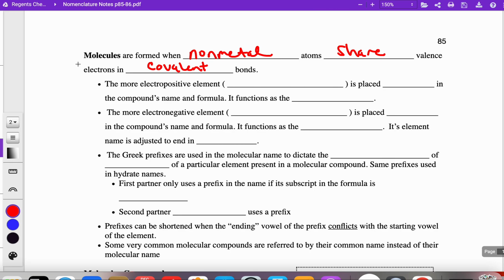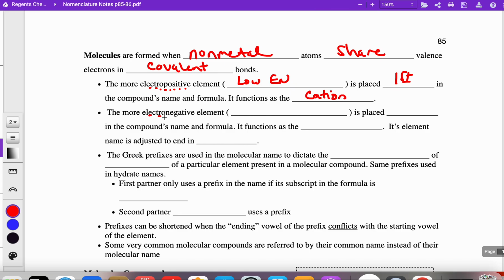So the more electropositive element, the element that will have the lower electronegativity and less ability to pull or attract the electron towards itself, is always placed first in the compound's name and formula, and it functions as the cation.